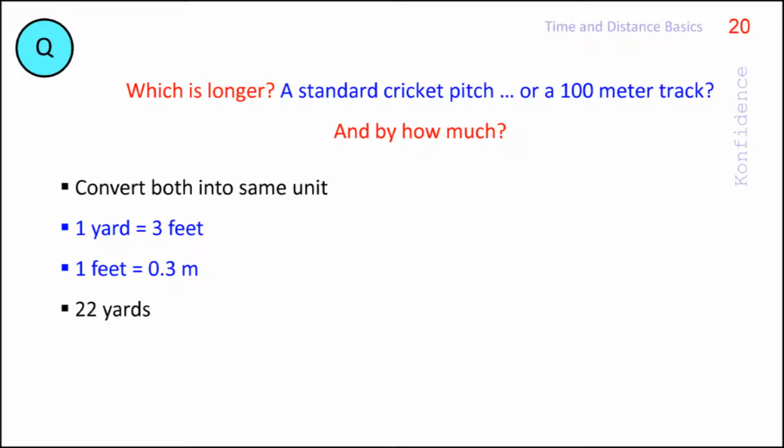So 22 yards will be 22 into 3 into 0.3 or approximately 20 meters. So a cricket pitch is 1/5 of a 100-meter track. So when Sachin runs for a run, the distance that he runs is roughly 1/5 of what Usain Bolt runs in a 100-meter dash.